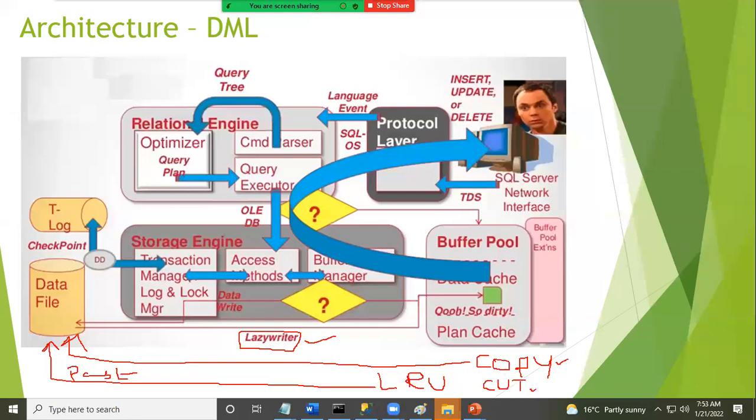Lazy Writer will cut pages from the buffer pool. That is the reason it will clear some memory. When Lazy Writer happens, it will remove the pages from the buffer pool so that the memory will be cleared and the pages flushed to the data file. It depends on least recently used.